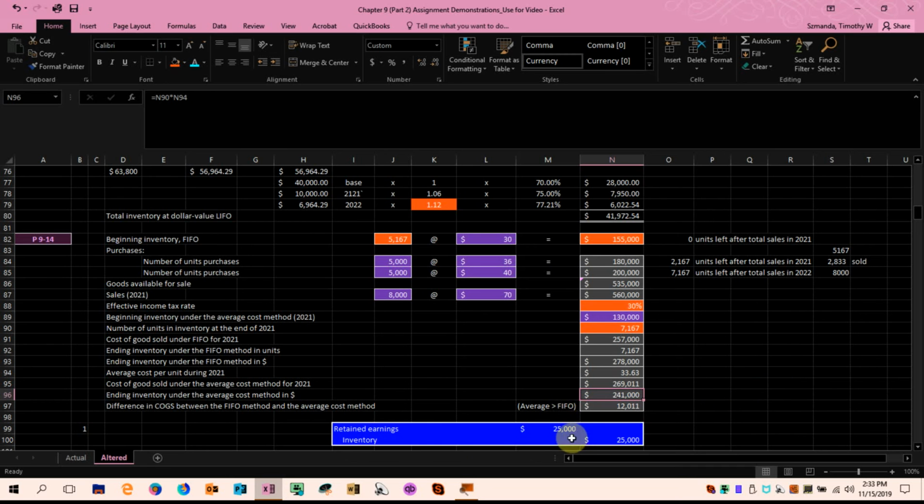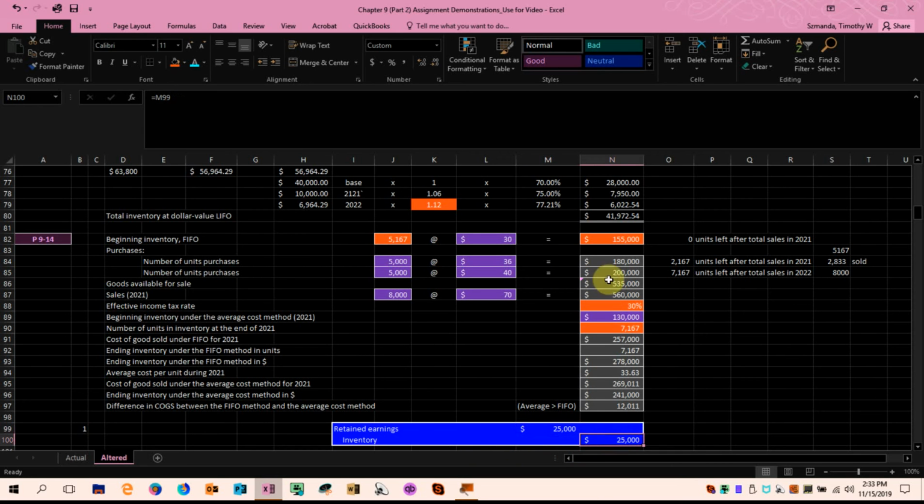As far as the journal entry is concerned, all they're looking for here is restating. Since we're changing accounting methods, and we're changing from FIFO to the average method, we're going to use a retroactive adjustment. And so that means we're going to make a debit to retained earnings of $25,000, and inventory gets reduced, or credited, by $25,000.